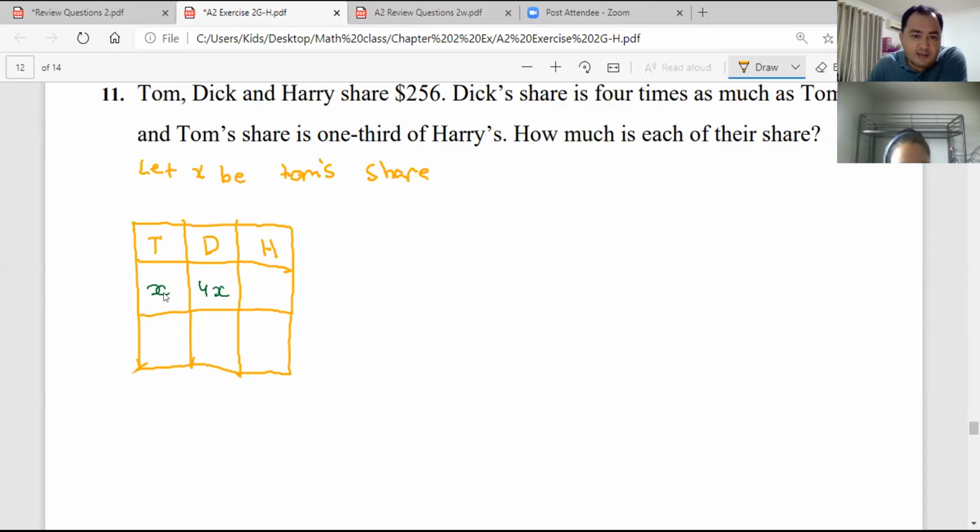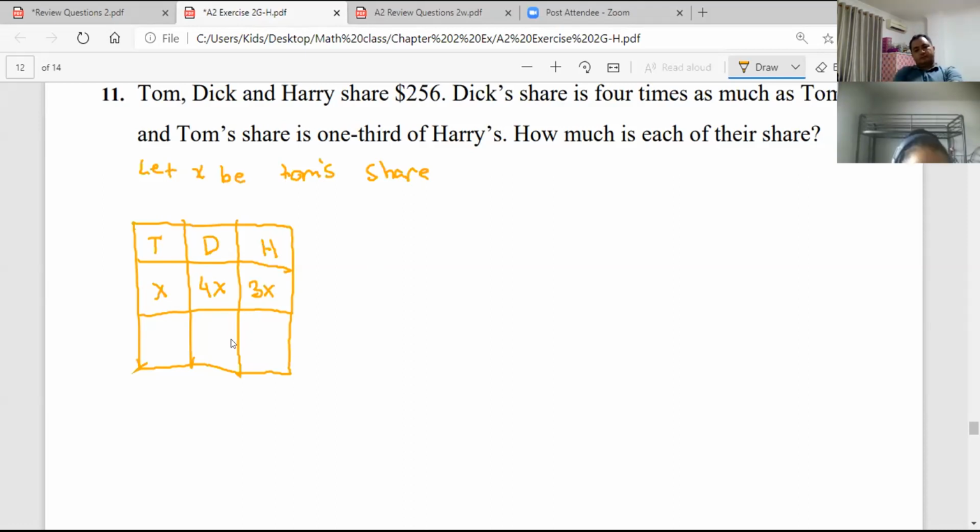And Tom's share is 1/3 of Harry's. If Tom's share is 1/3 of Harry's, then what is Harry's share? It is 3x, right? Because 1 over 3 of 3x equals x. Okay, so that's 3x. How much is each of their share?